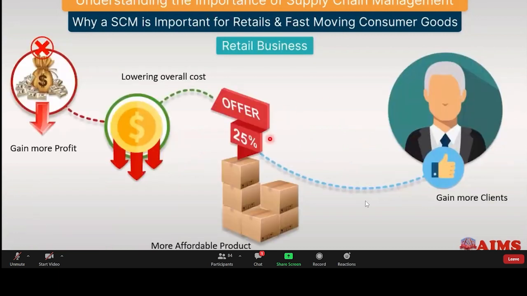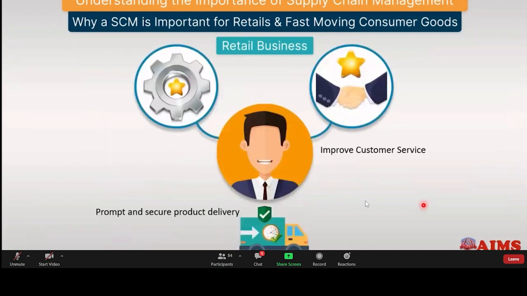Other one, if the supply chain management system is in place, we can sell affordable product, we will lower the cost of production, and also we will gain profit that also results to gain more clients. Mas mabibenta yung product natin. Another one, improve customer service and prompt and secure product delivery.